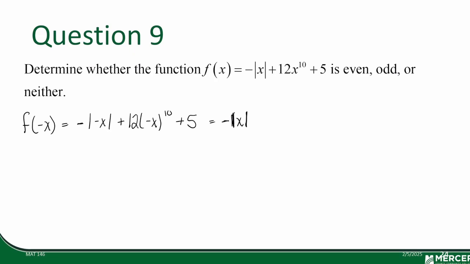So that becomes just absolute value of x. Negative x to the 10th power is x to the 10th, right? Negative 1 to the 10th power is positive 1. Oh, and then plus 5 doesn't change. So look at that. Is that f of x?